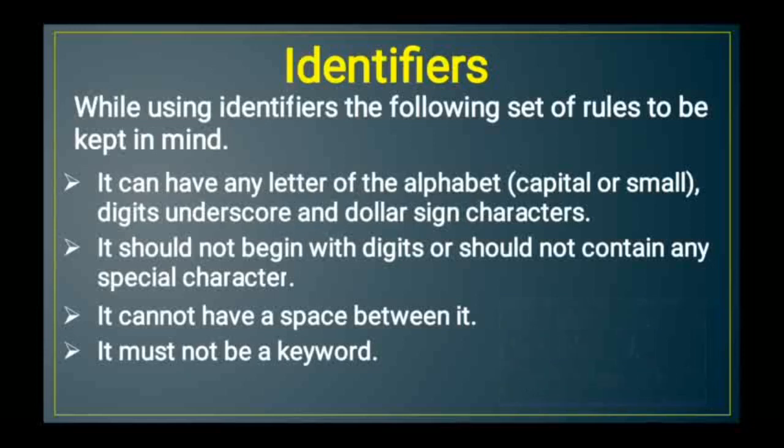And the last rule: it can be of any length. Java gives you the flexibility to provide a huge length for an identifier. However, a very long name is impractical and difficult to manage.